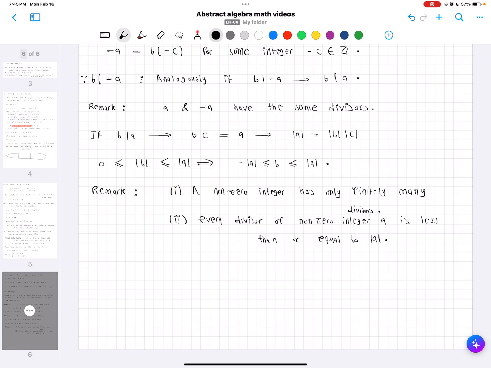Definition. Let A and B be integers, not both 0.